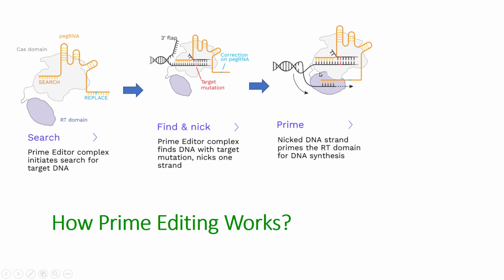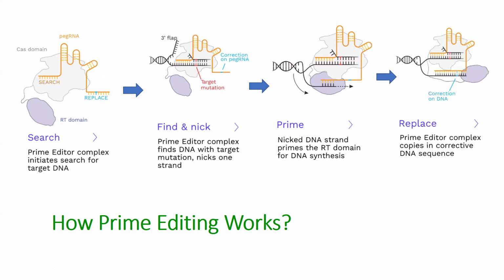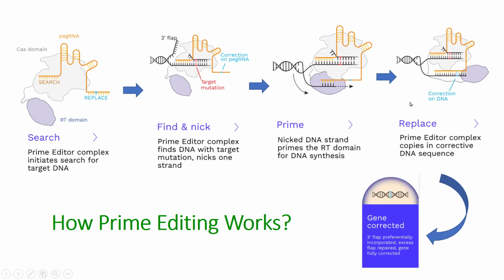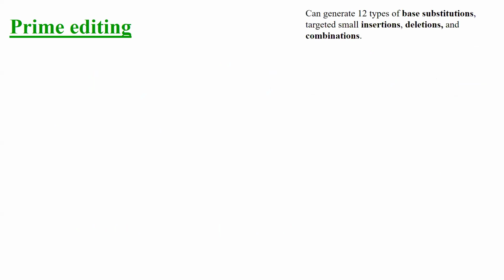Then it does the editing, and finally, the specific editing is done very precisely, and the prime editor complex copies in the corrective DNA sequence. Here, for example, there are some errors, so you can correct them. So finally, the gene is corrected. A single nucleotide polymorphism is sometimes a big problem. For example, sickle cell anemia disease can be edited by this prime editing.